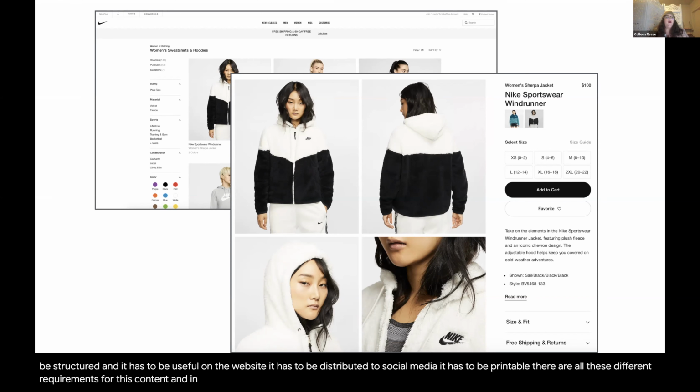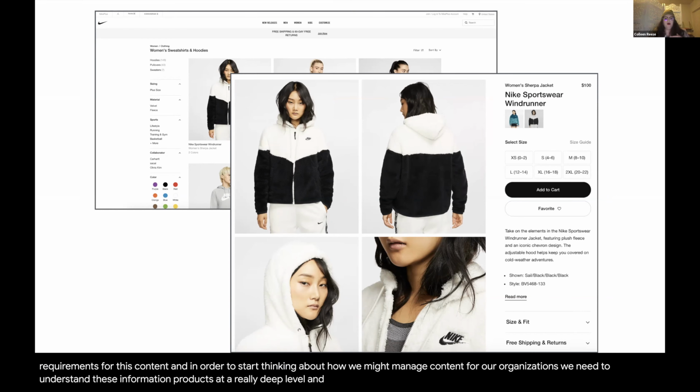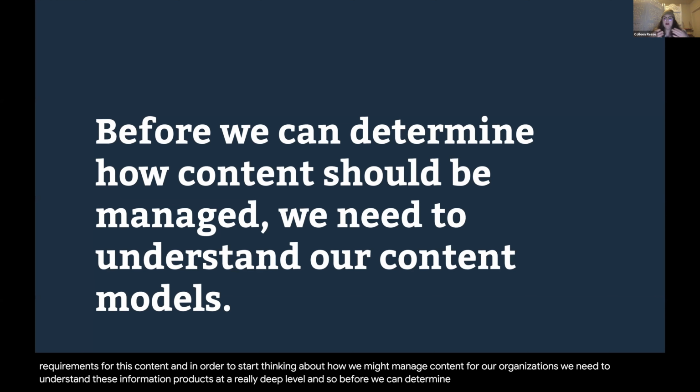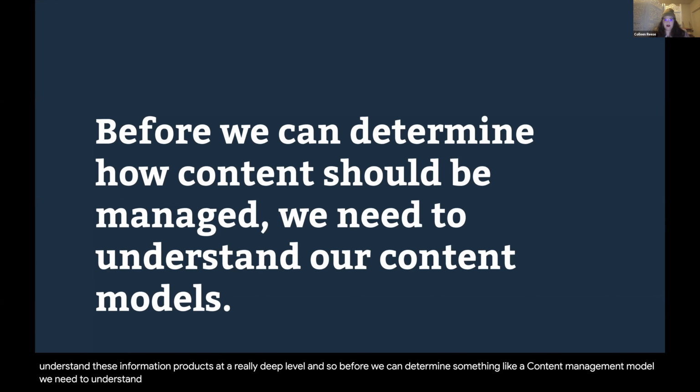And in order to start thinking about how we might manage content for our organizations, we need to understand these information products at a really deep level. And so before we can determine something like a content management model, we need to understand the actual content model.